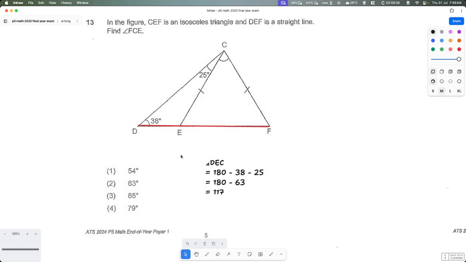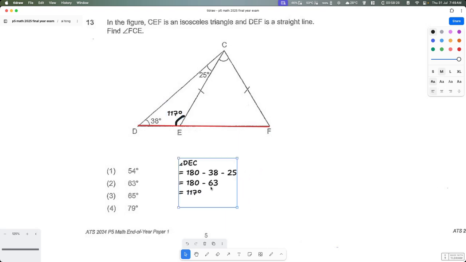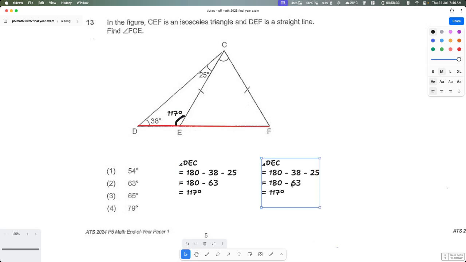Now we know that DEC over here is 117 degrees. If we are able to get this, then we are able to get another angle, CEF, which is 180 minus 117.